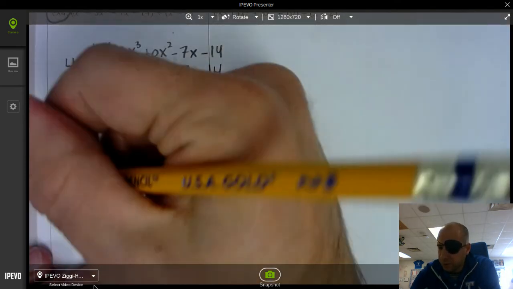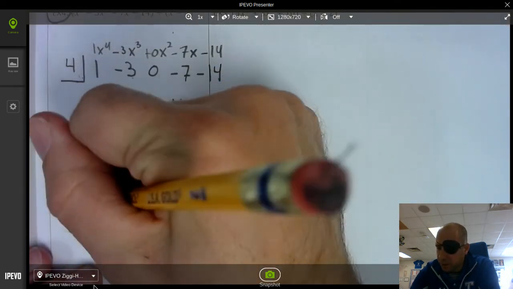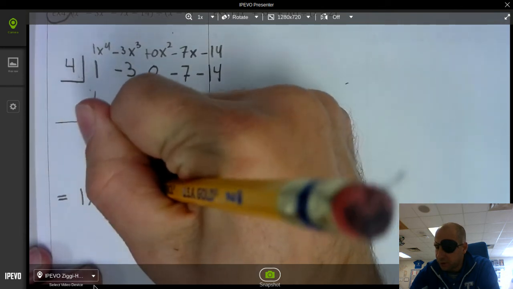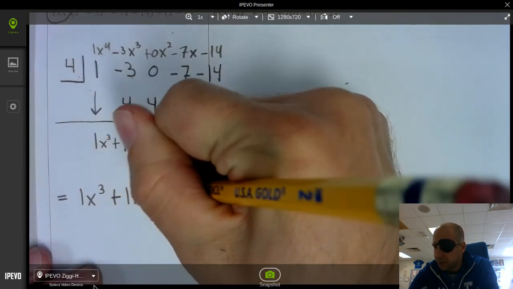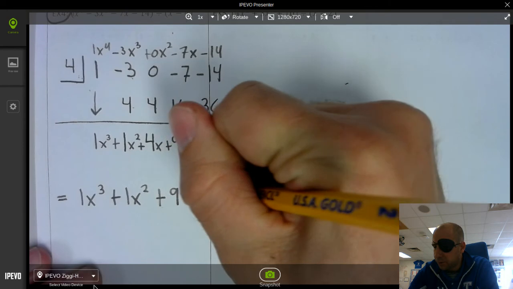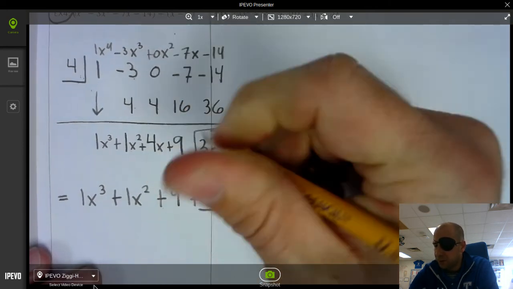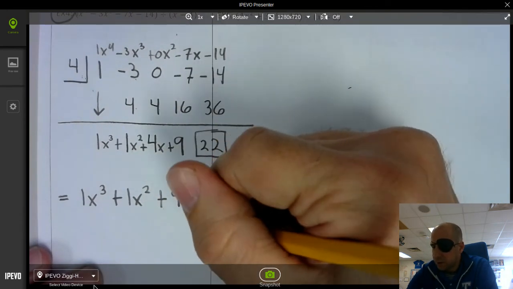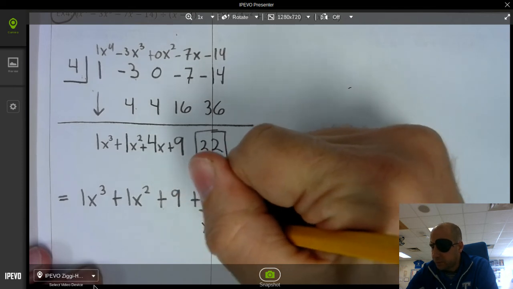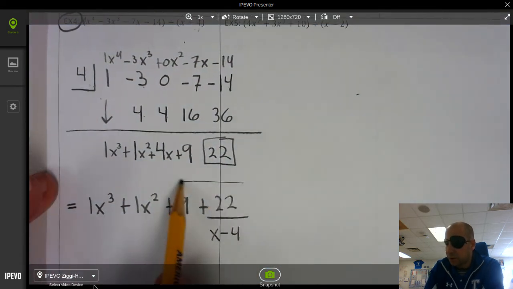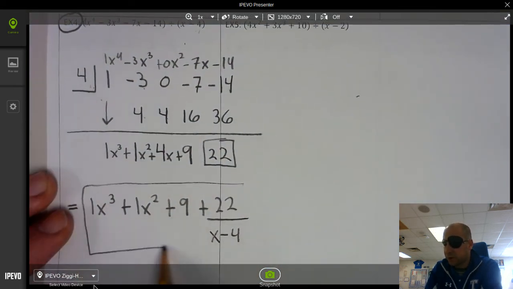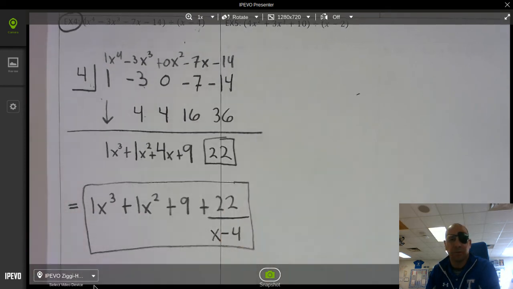So that equals 1x cubed plus 1x squared plus 9 plus 22 divided by x minus 4.